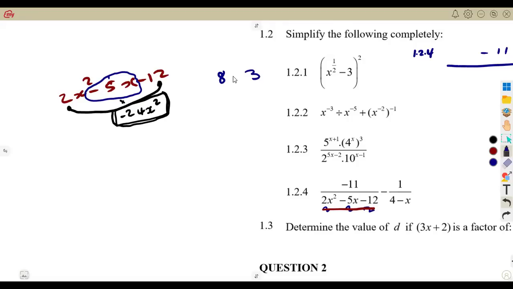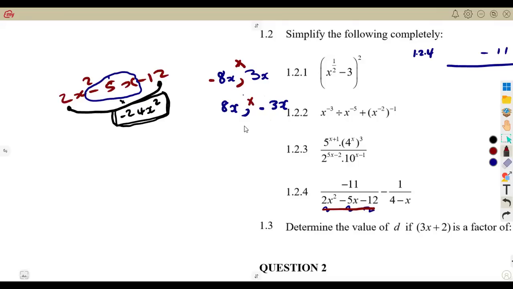So we're just going to put our x and our x here. Which one is going to be a negative? Let's start with this one: put a negative on 8x and a plus on 3x. If you multiply these, you're going to get minus 24x squared.